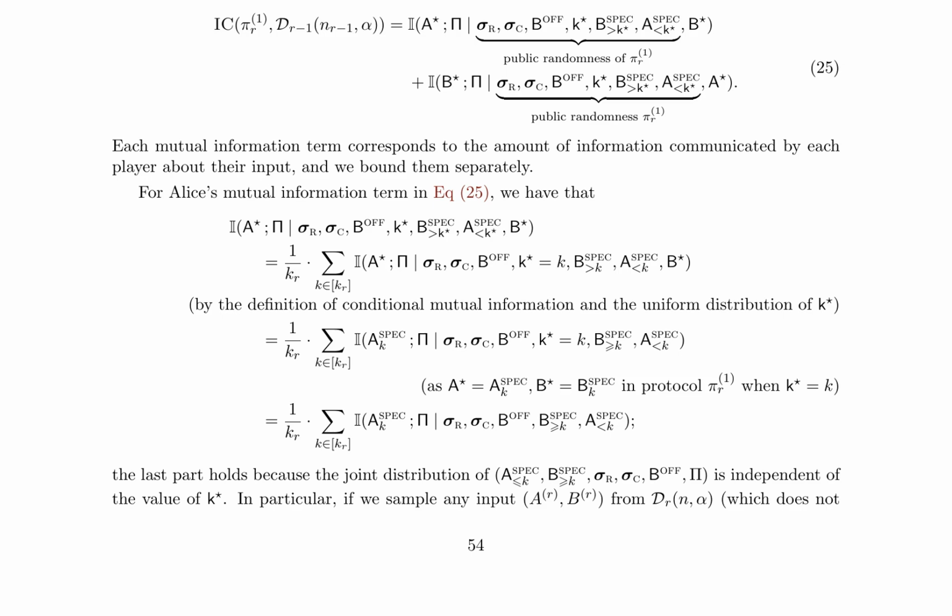The authors conclude that the internal information cost of Π'_r about its input sampled from D_{r-1} is 1/k_r times smaller than the internal information cost of Π_r about its own input sampled from D_r. This result is significant because it shows that the simulated protocol Π'_r has a smaller internal information cost than the original protocol Π_r.